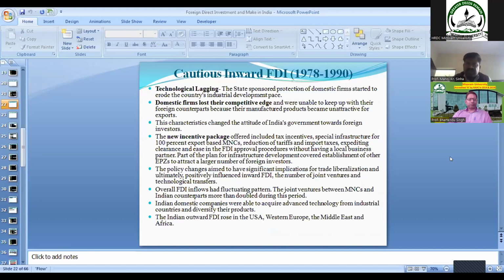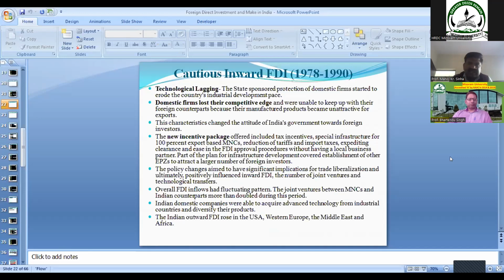Due to this, the Government of India offered new incentive packages for the purpose of attracting FDI in India, which include tax incentives, special infrastructure for 100% export-based multinationals, reduction of tariffs and import taxes, expedited clearance and ease in FDI approval.